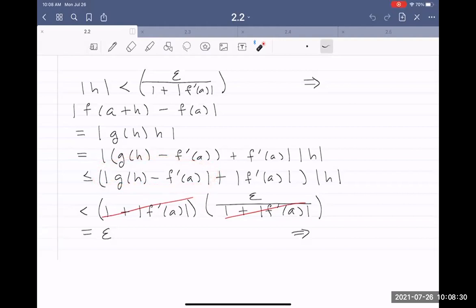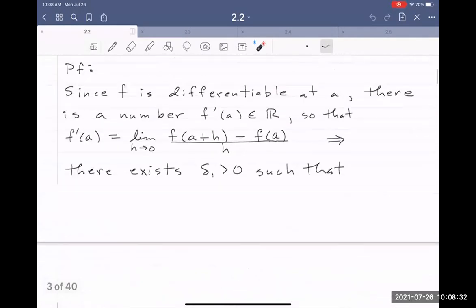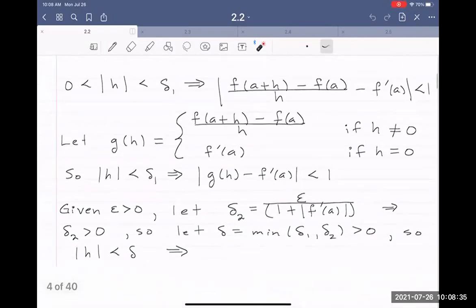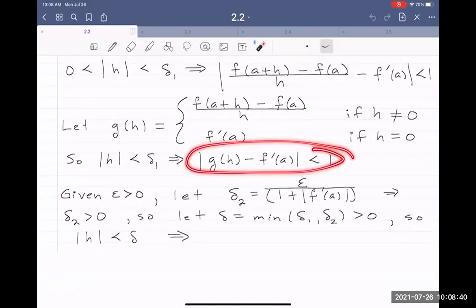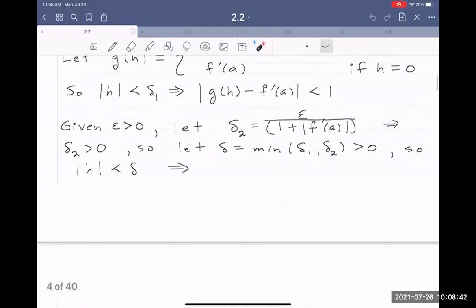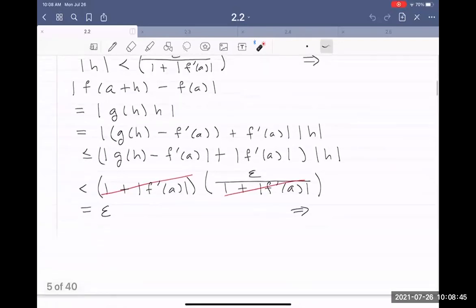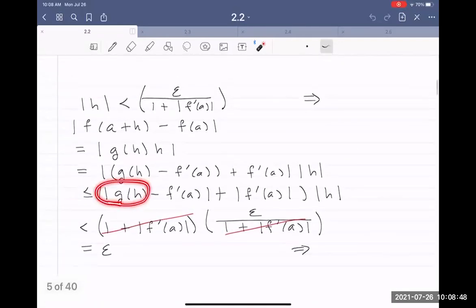Well, I have a bound on this guy. This is going to be less than 1. So by this, I have that this is less than 1, and this is still the absolute value of f prime at a. Next, I have a bound here on this guy.